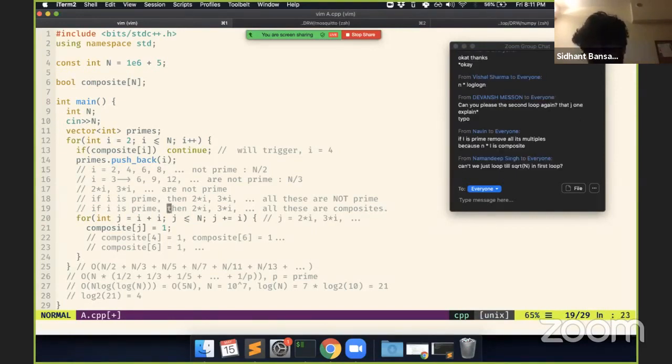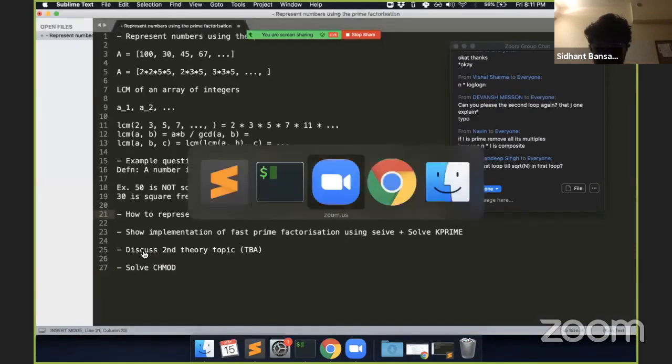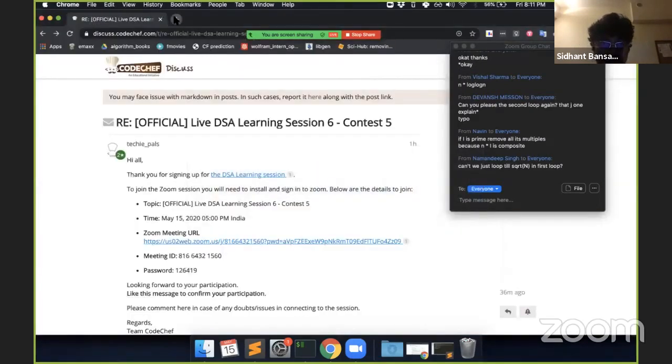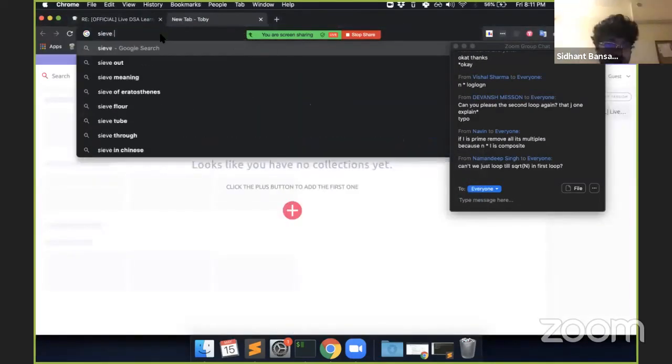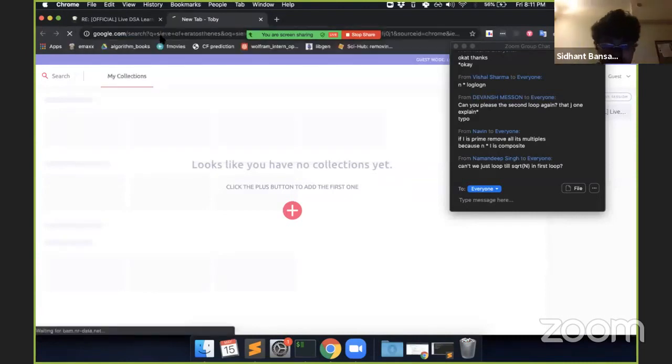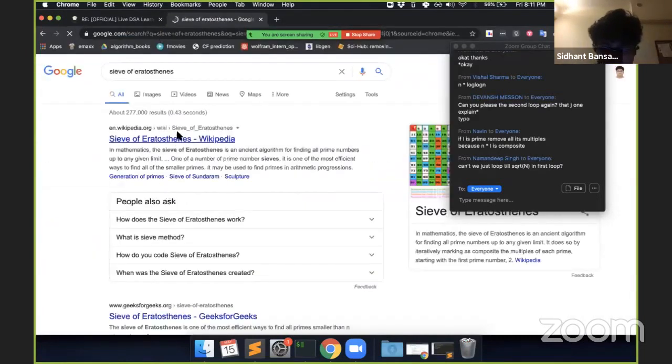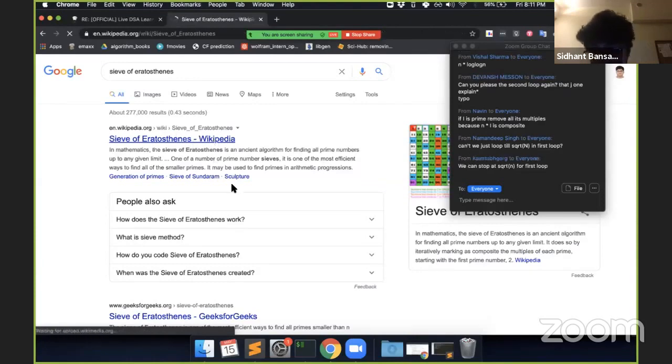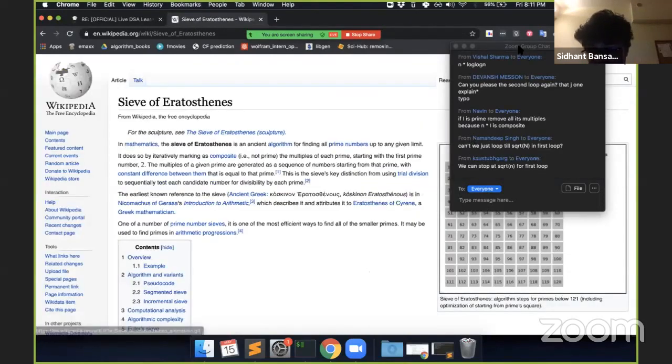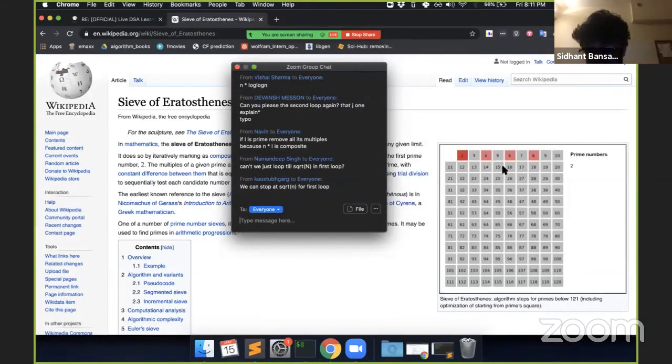I think there's a very good visualization of the sieve of Eratosthenes. Going through the code is sometimes mundane, but there is a fancy GIF online which actually shows you how the thing works. So here's the GIF. I hope you guys can see this. When 2 is prime, you strike off all the multiples of 2.